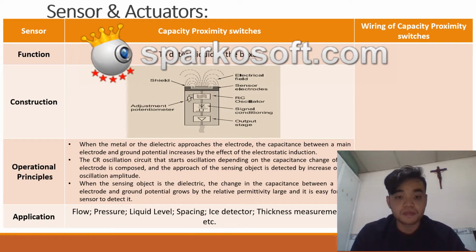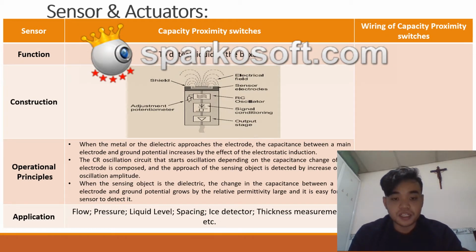The RC oscillation circuit starts oscillating depending on the capacitance change of this electrode, and the change is detected by the increase of the oscillation amplitude.